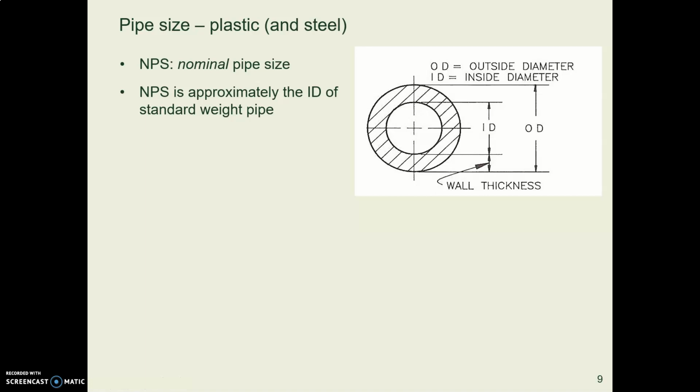When you see somebody write NPS, nominal pipe size, that means nominal pipe size means the name of the pipe size. So if you say 1.5 inch pipe, that's its name, that's not its size.